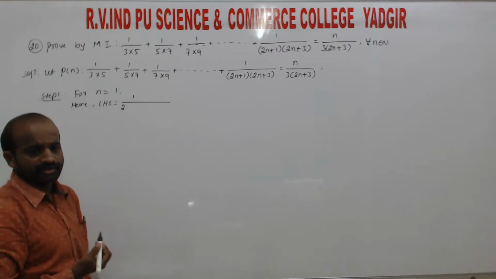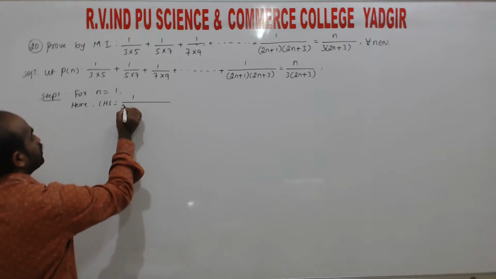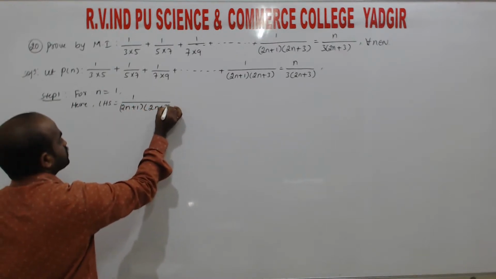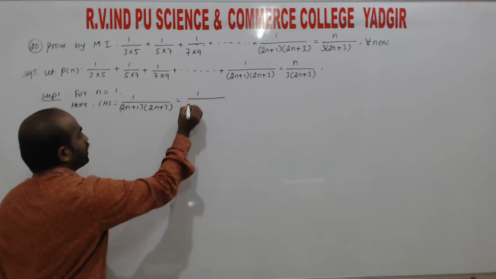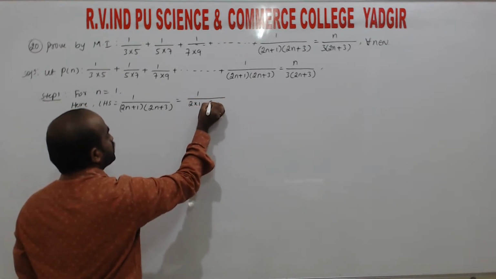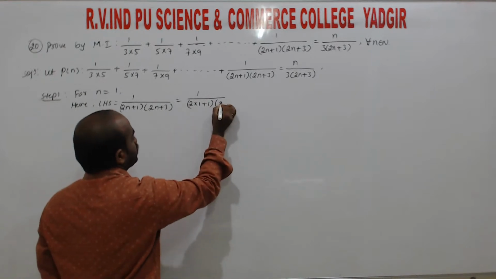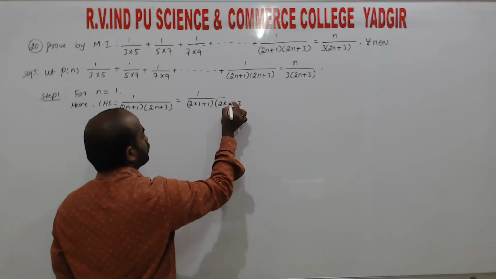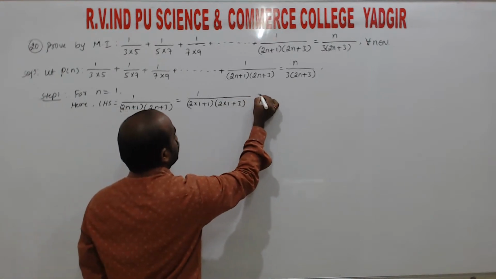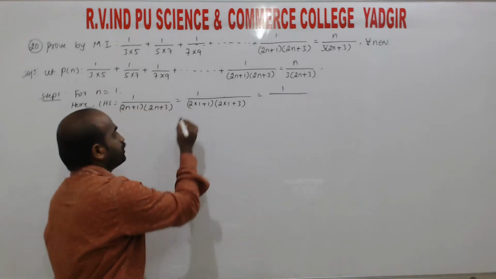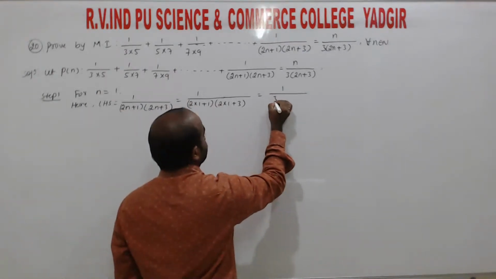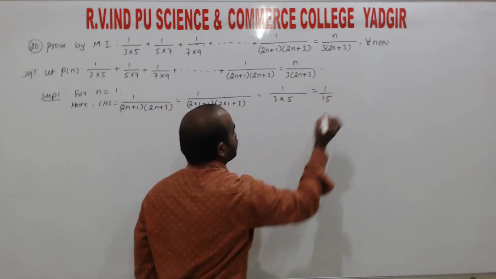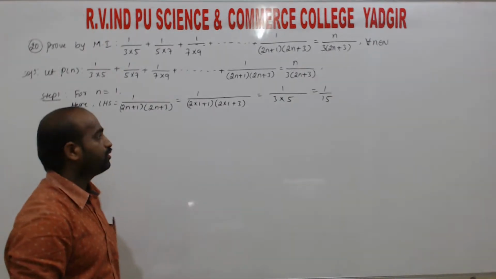Directly you can take 1/(3×5), that is 1/15. So 1/((2×1+1)(2×1+3)): 2×1+1 is 3, 2×1+3 is 5, so 1/15, that is 1/(3×5).